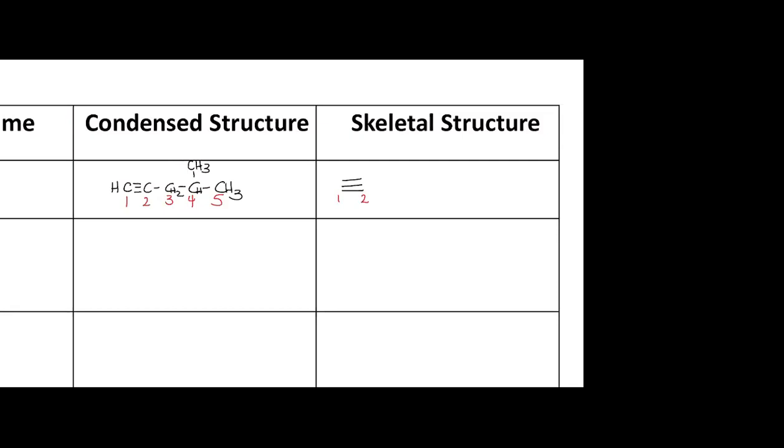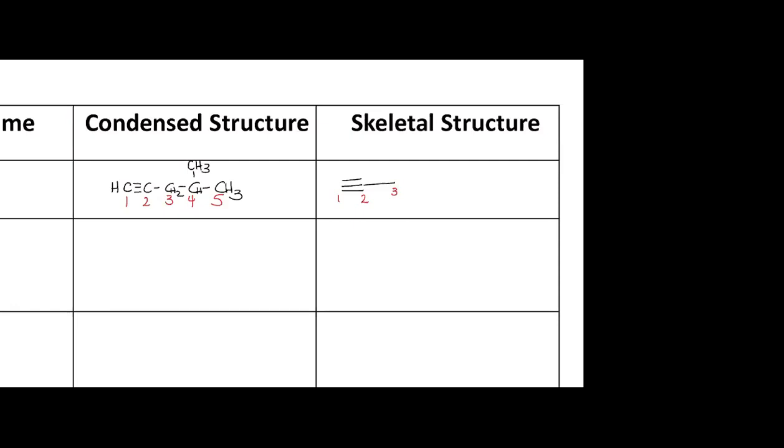Now, extending out of carbon 2, we have carbon 3. Carbon 3 is still linear because it's been held by the carbon-carbon triple bond. Carbon 3 is the first carbon here that is tetrahedral.